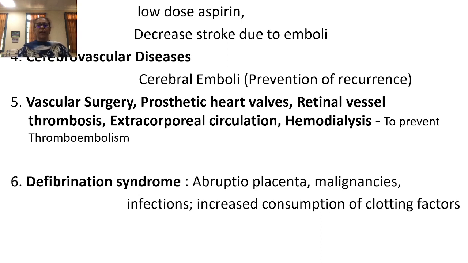We also prescribe low dose aspirin to decrease the stroke due to emboli. In these cases there is risk of stroke due to emboli, so to prevent these we give heparin, warfarin or low dose aspirin. Then these are also used in patients with cerebrovascular diseases if there is cerebral emboli, to prevent recurrence. If the patient presents with this, to prevent recurrence we prescribe these group of drugs.